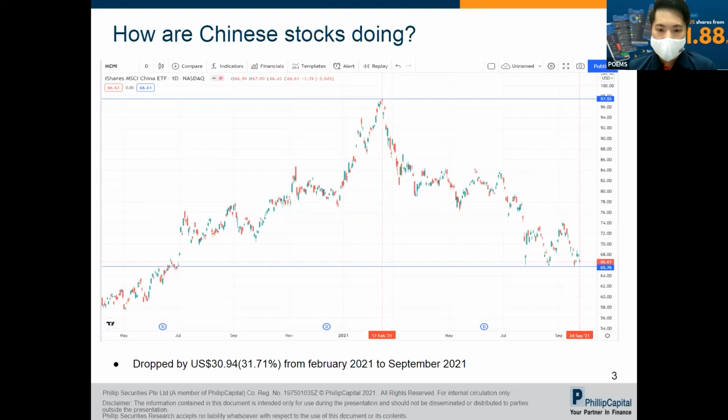If we take a look at this chart since February 2021, it reached a price of around $97 US dollars and has dropped to around 66 US dollars. That's around a 30% drop.